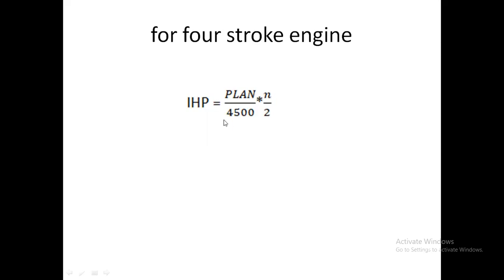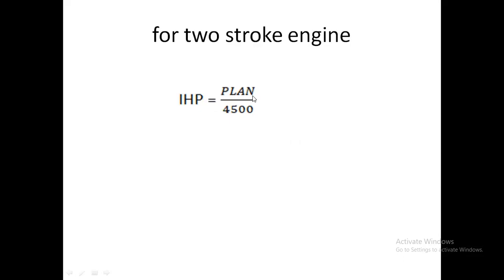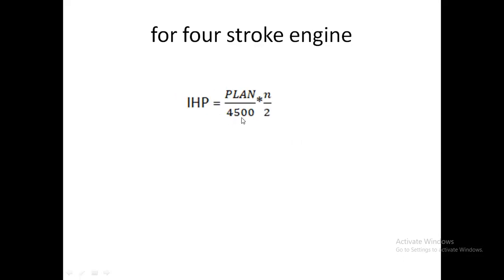Then indicated horsepower is computed by using the equation IHP = P L A N / (4500 × n/2)... here IHP is the indicated horsepower.